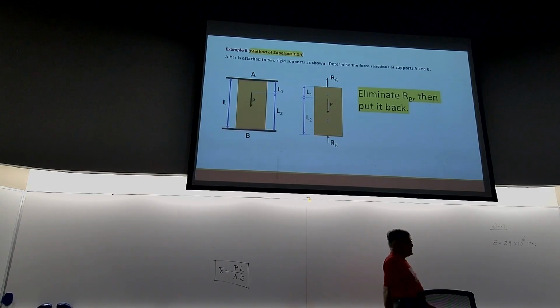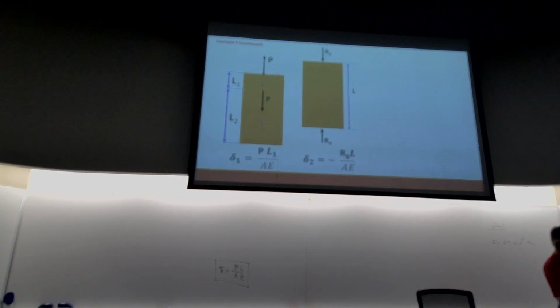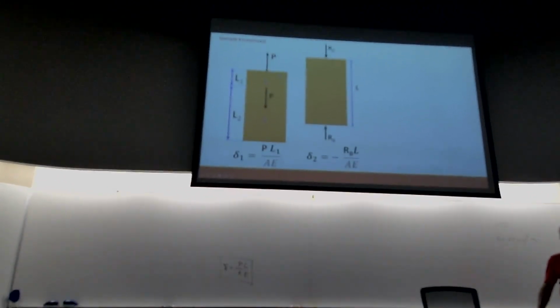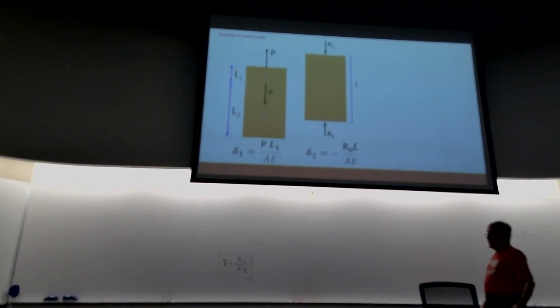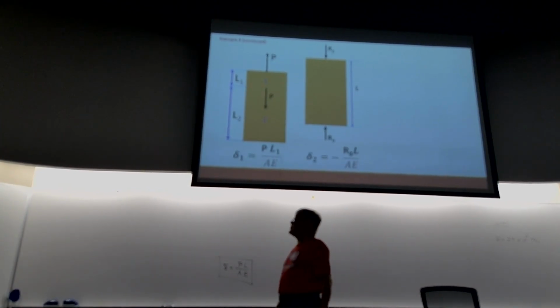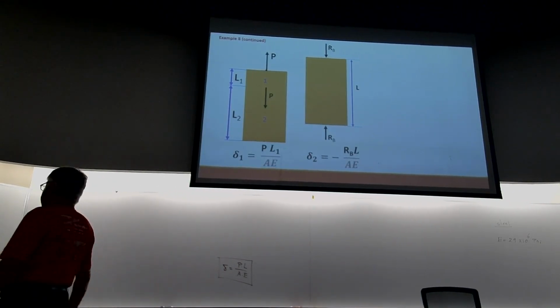So if that's the case, we're going to end up with this. The force P is applied here. Clearly, RB has been removed. So we have the same force P at the top in order to have equilibrium.